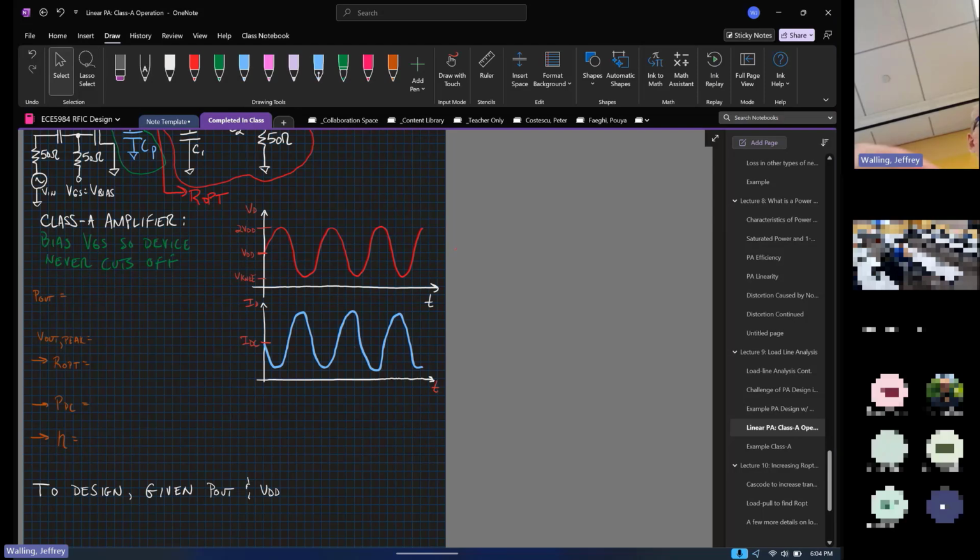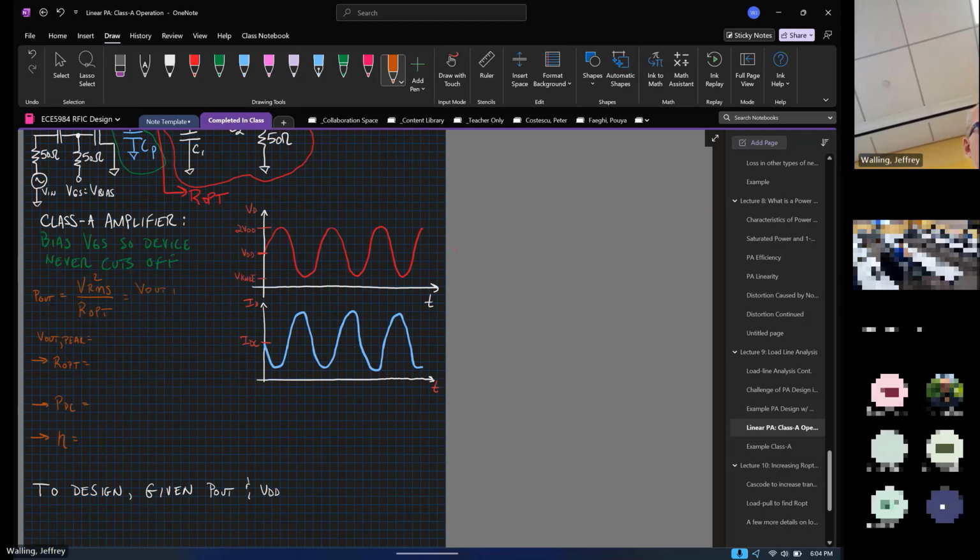All right, so just as before, our output power is always the RMS voltage squared over the optimum termination resistance, assuming that we have a sine wave or a sine-like wave driving into a resistor. This is V out peak squared over 2 times R opt.